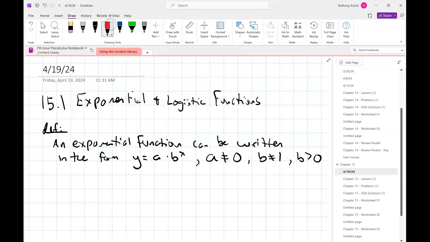When we talk about an exponential function, we call this a the initial value, and we call this b the base for our exponential.